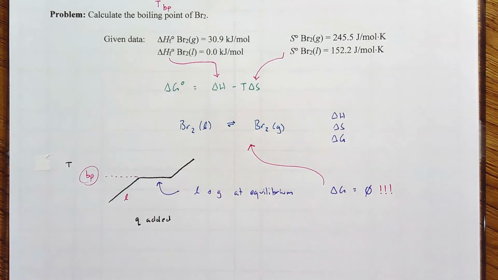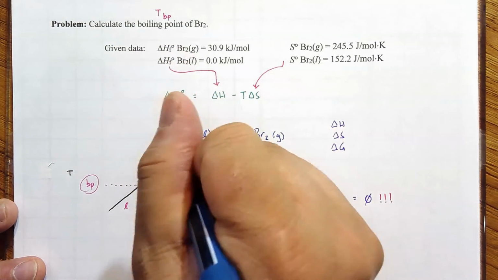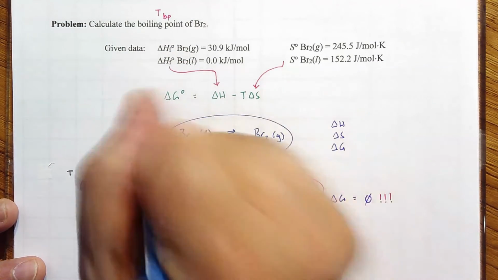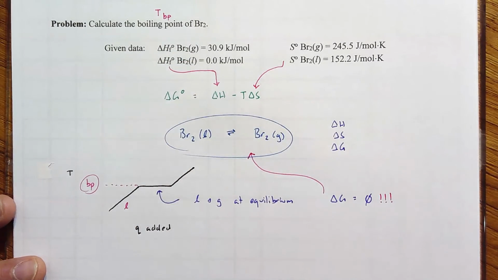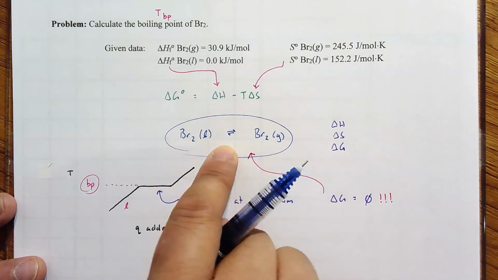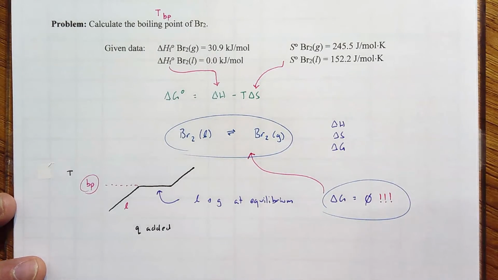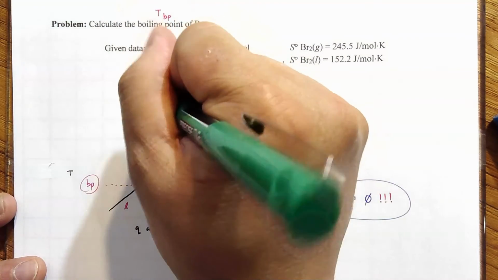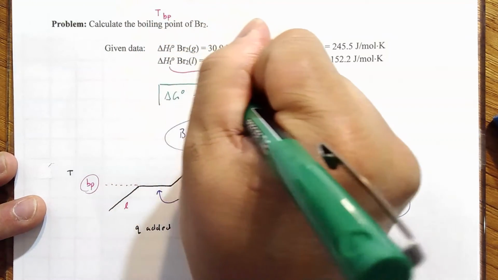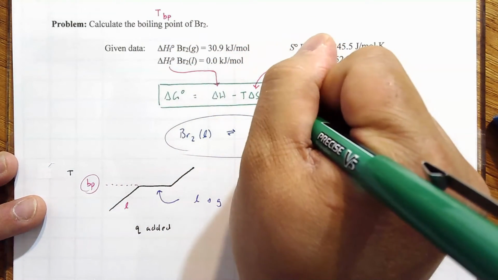Okay, but do you see there are two main points you got to realize in this problem. The first one is give yourself a chemical reaction that you can focus on. Understand that when these two are in equilibrium, delta G is equal to 0. And then obviously you'll need to know the equation, where to plug in the numbers.